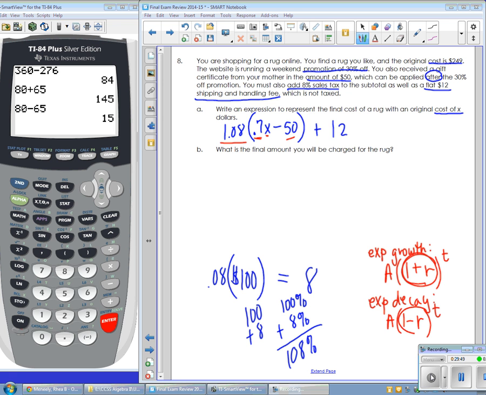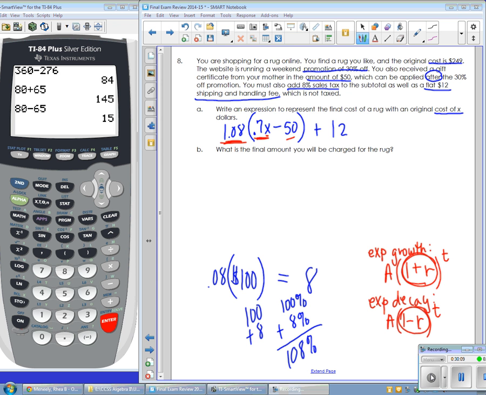And so that's essentially what we did. So 1 plus r is what we did here for the sales tax, and 1 minus r is what we did here for the discount. And then the shipping and handling is added to the end. So that is the formula that we're using to find the total price, or the final cost of this rug that we're buying online.